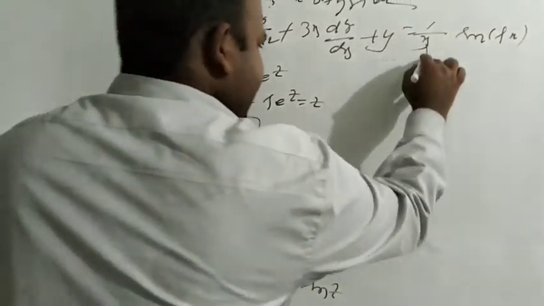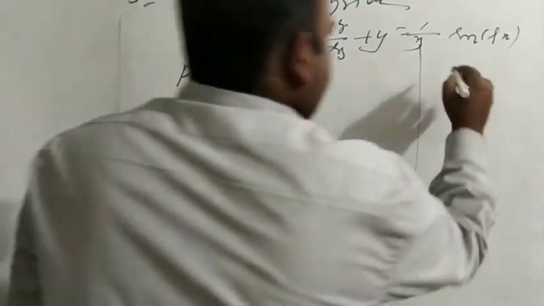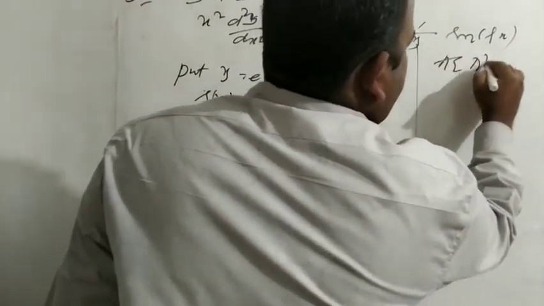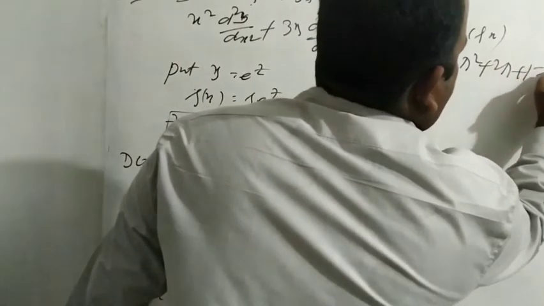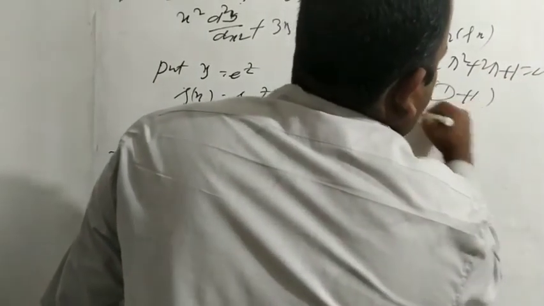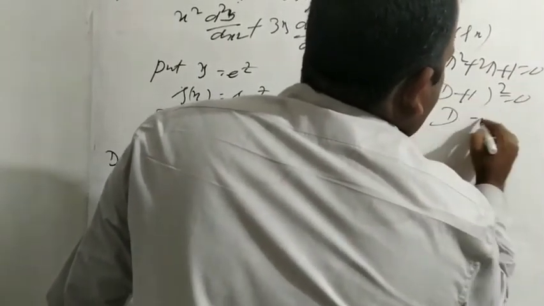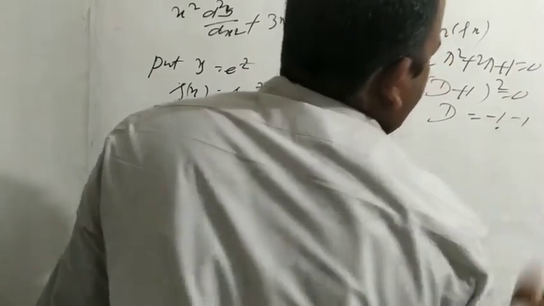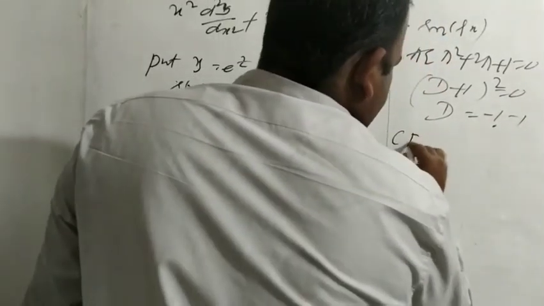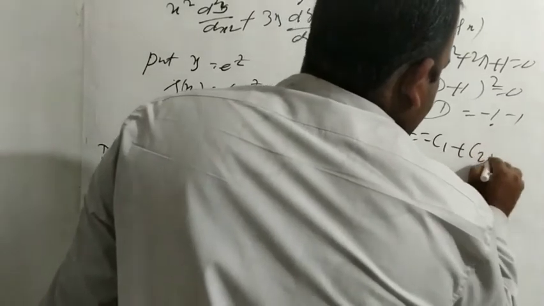So now we will find out CF and PI. So that is auxiliary equation d square plus 2d plus 1 equals to 0, meaning (d plus 1) whole square equals to 0. So d equals to minus 1 and minus 1.